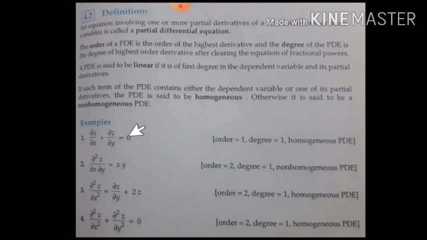So in this example, first, third and fourth are homogeneous partial differential equations. The second one is a non-homogeneous partial differential equation.